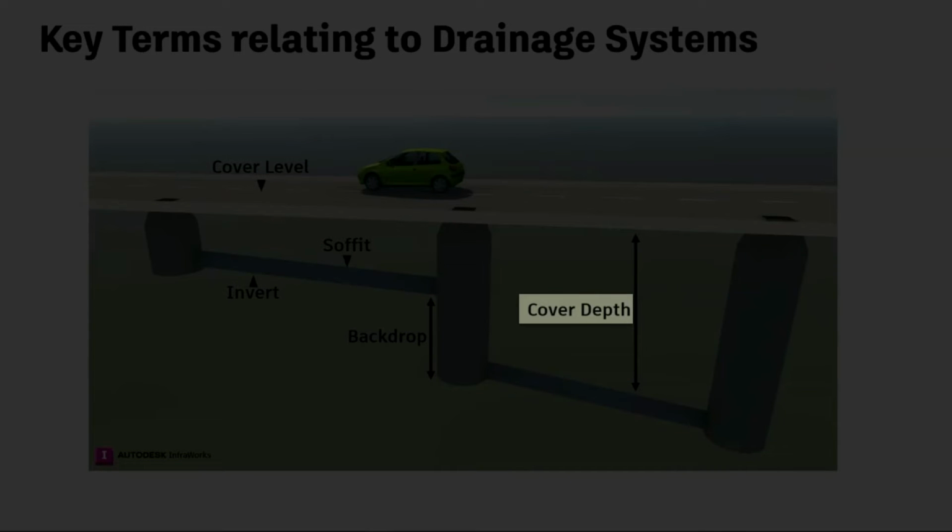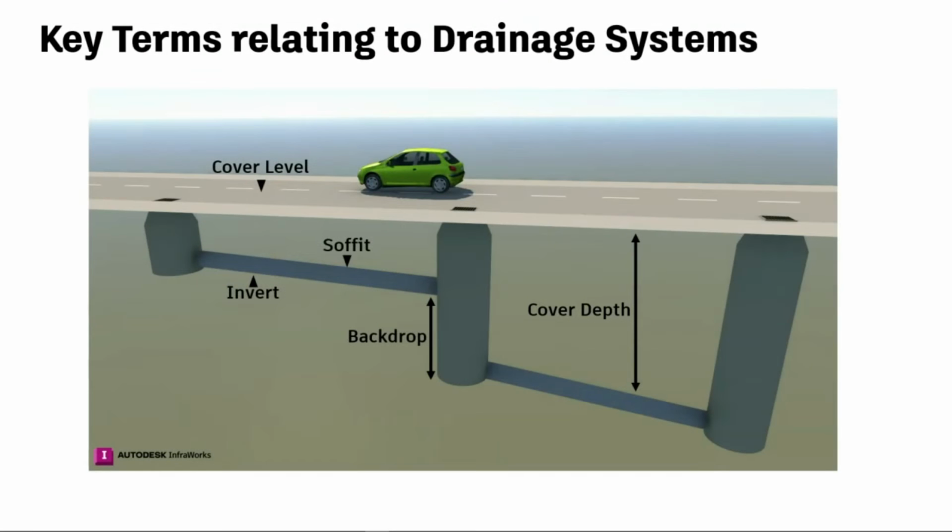Cover depth is the distance between the cover level and the soffit of a structure, so in this example, the pipe. Cover depth is important because it dictates how deep a pipe is laid. In an urbanised setting, we would look to ideally lay pipes at a depth of 1.2 metres. This is to ensure that pipes remain safe from the forces above, like the downward force of vehicle weight.